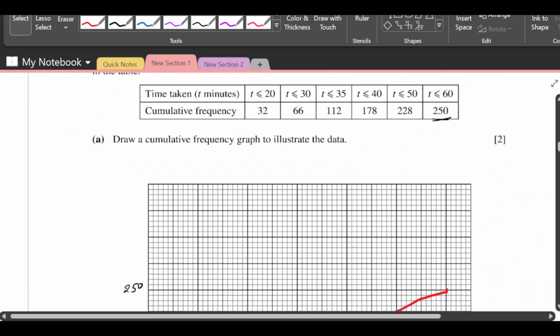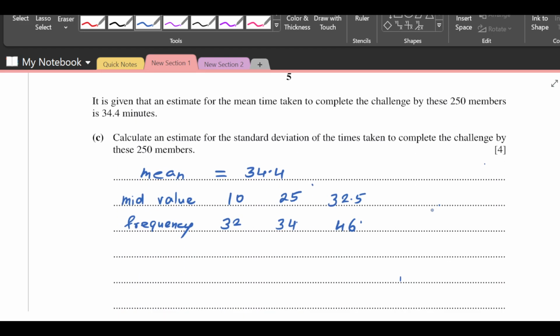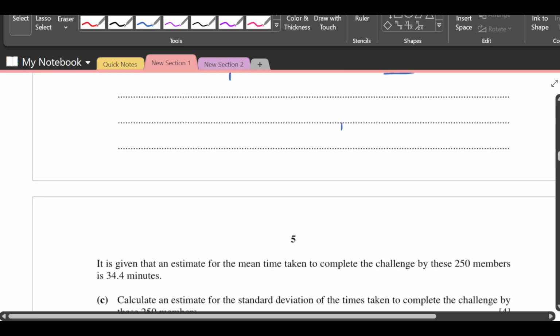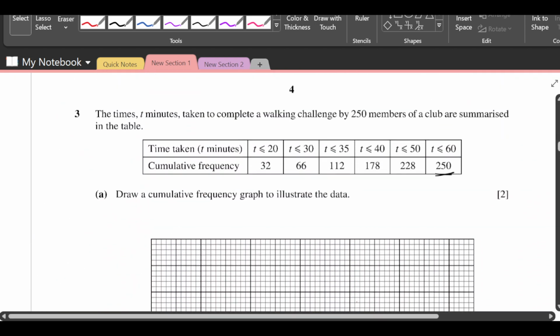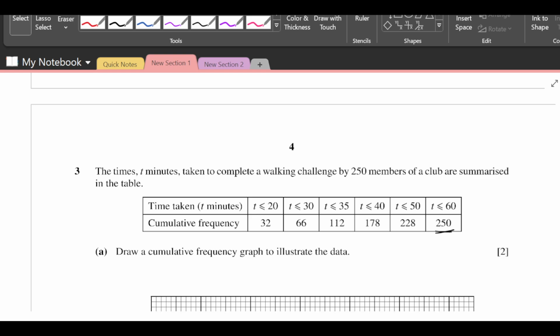So 37.5 and 66. Then next is 40 to 50, mid value 45, and it's 228 minus 178, so 50.